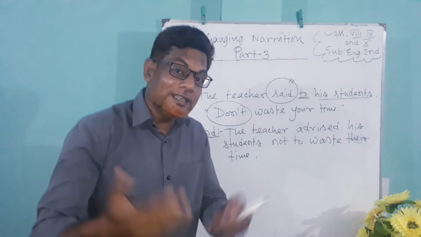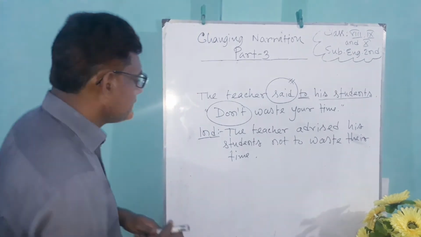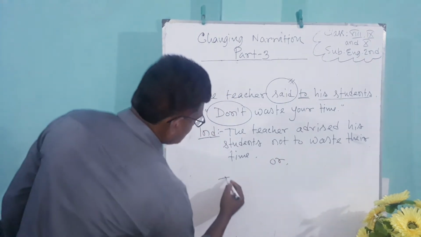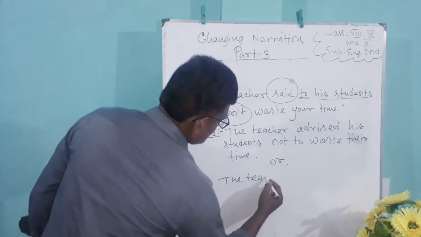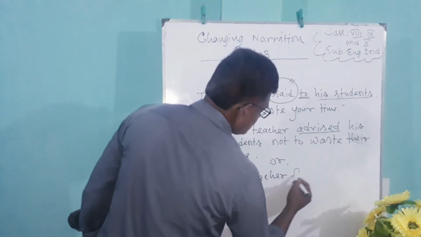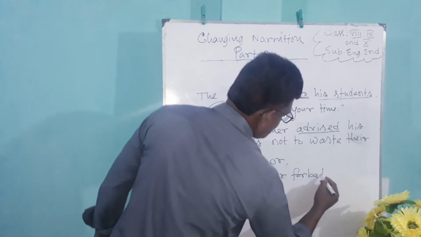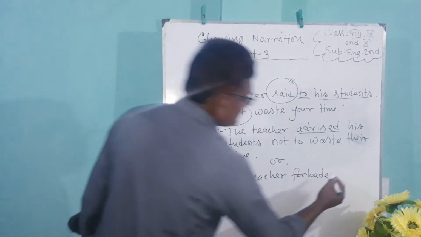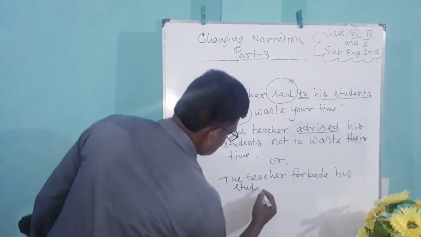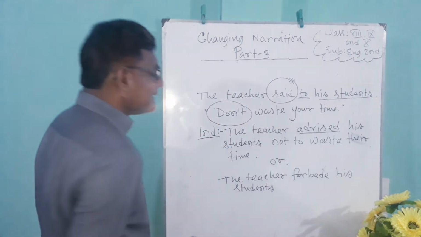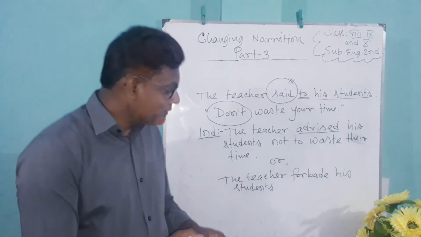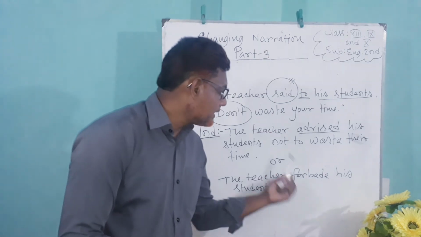Now, if you think that the teacher is forbidding his students, how can we change? We have to write the teacher, and instead of advised we have to use forbade, the past form of forbid: forbade his students. If we use advised here, we have to use "not to." But if we use forbade, we can't use "not to."